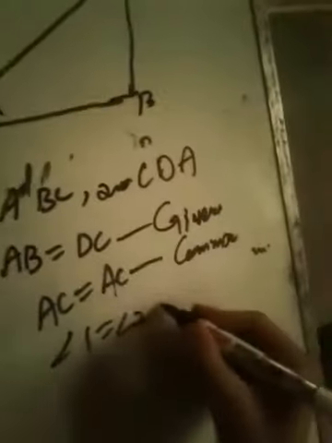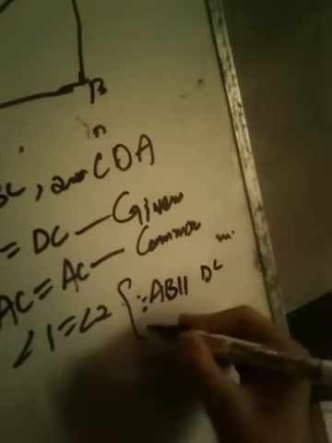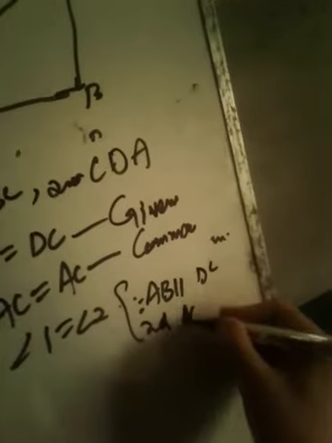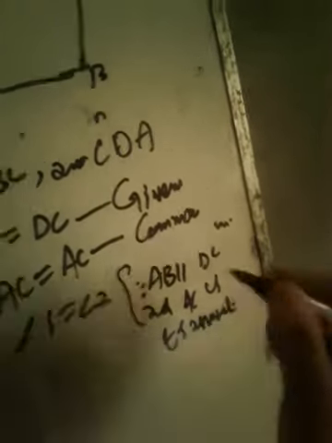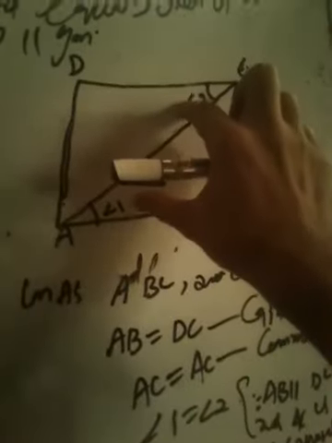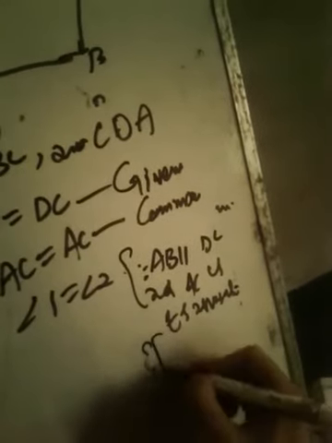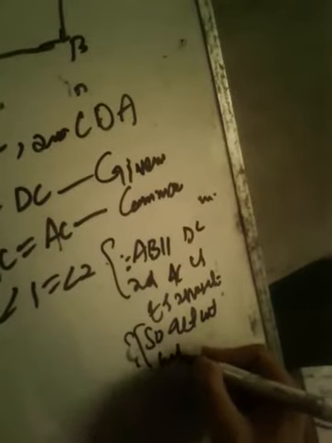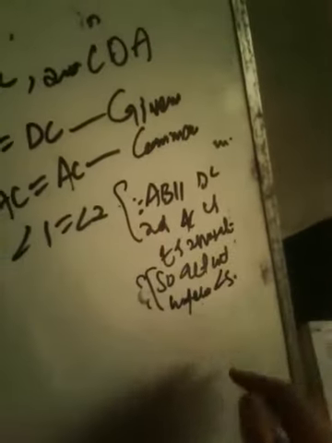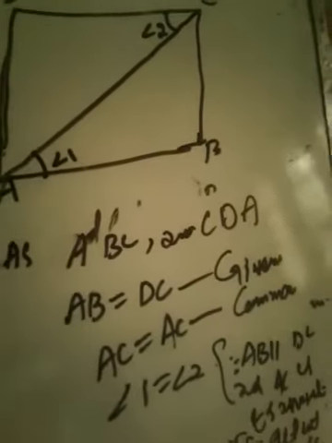So this angle and this angle are alternate interior angles, because AB is parallel to DC and AC is a transversal. So what type of angles are angle 1 and angle 2? These are alternate interior angles.